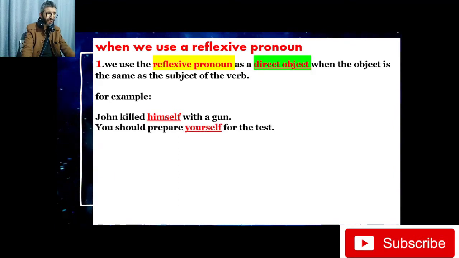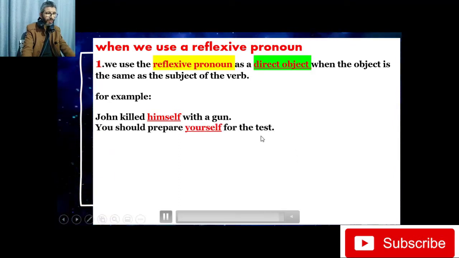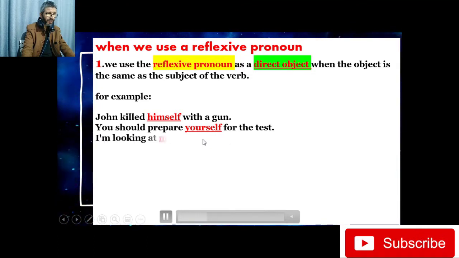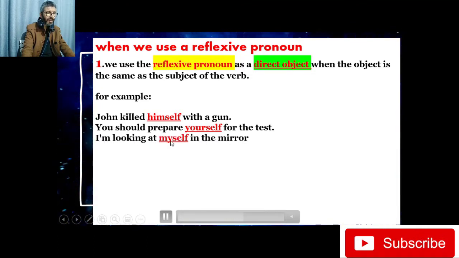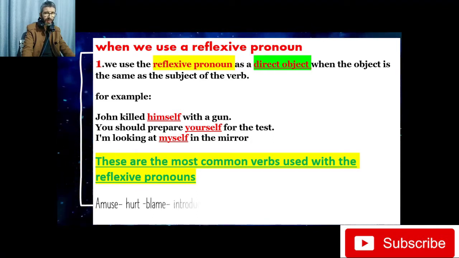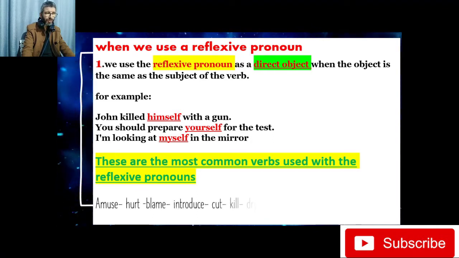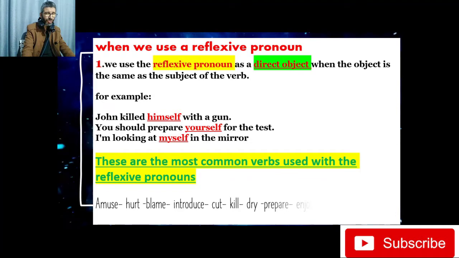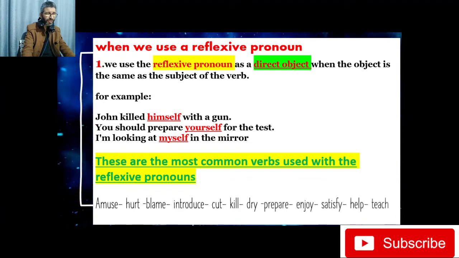Second example, you should prepare yourself for the test. Object here. I'm looking at myself in the mirror. These are the most common verbs used with the reflexive pronouns: amuse, hurt, blame, introduce, cut, kill, drive, prepare, enjoy, satisfy, help, teach.